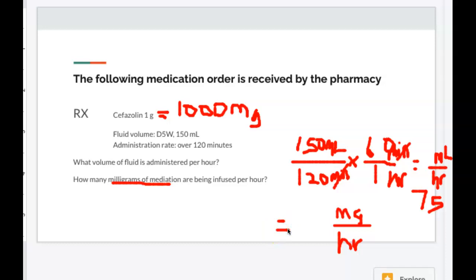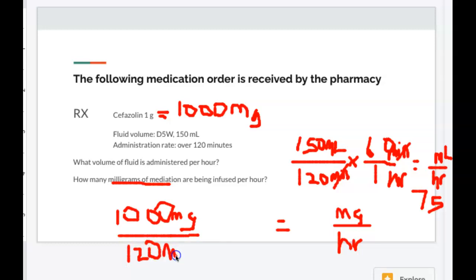Okay, and if we look at what we start with, what is our weight? We have 1,000 milligrams. And we're infusing it how fast? In 120 minutes.